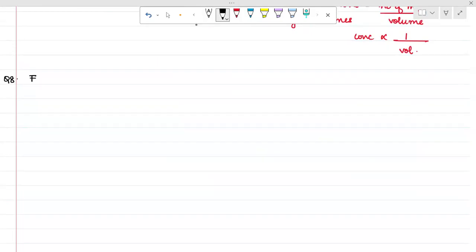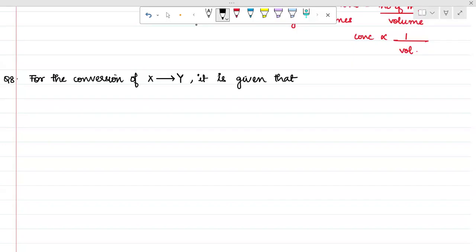For the conversion of X giving Y, it is given that it follows second order kinetics.